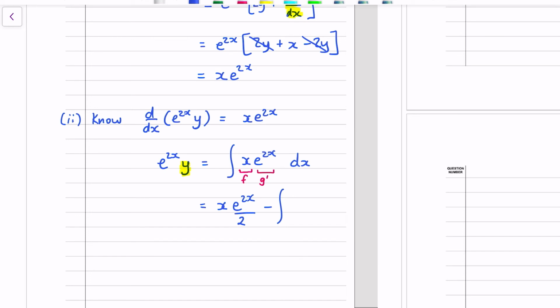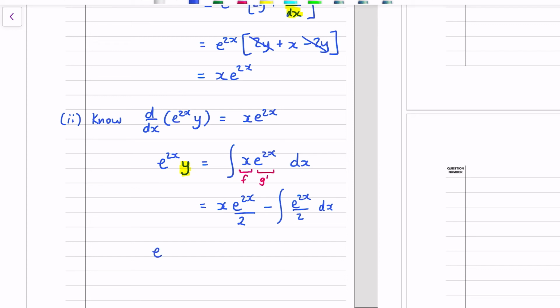So f dash is 1 and g is e to the 2x over 2. I'm going to integrate that. Now, one thing to note is when you use integration by parts, when you find the g part from the g dash, you don't need a plus c. You just need the plus c when you do the last integral.